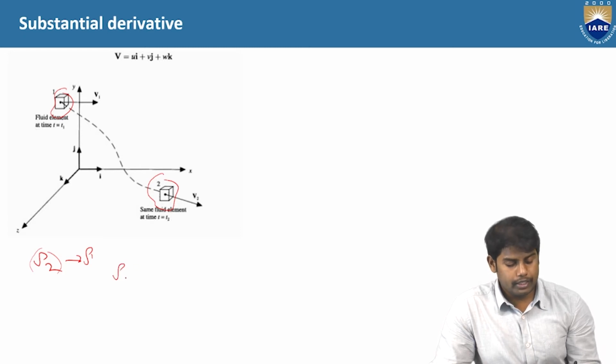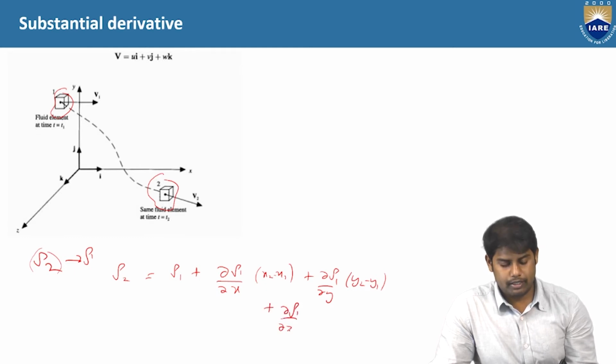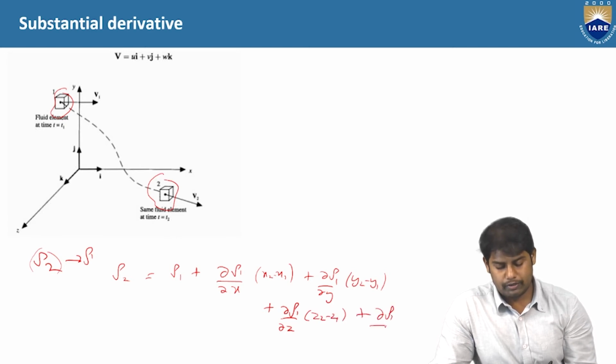So density at the second point will be equal to density at the first point plus the Taylor series expansion, which we have: ∂ρ1/∂x into (x2 − x1) plus ∂ρ1/∂y into (y2 − y1) plus ∂ρ1/∂z into (z2 − z1) plus ∂ρ1/∂t into (t2 − t1), plus higher order terms.